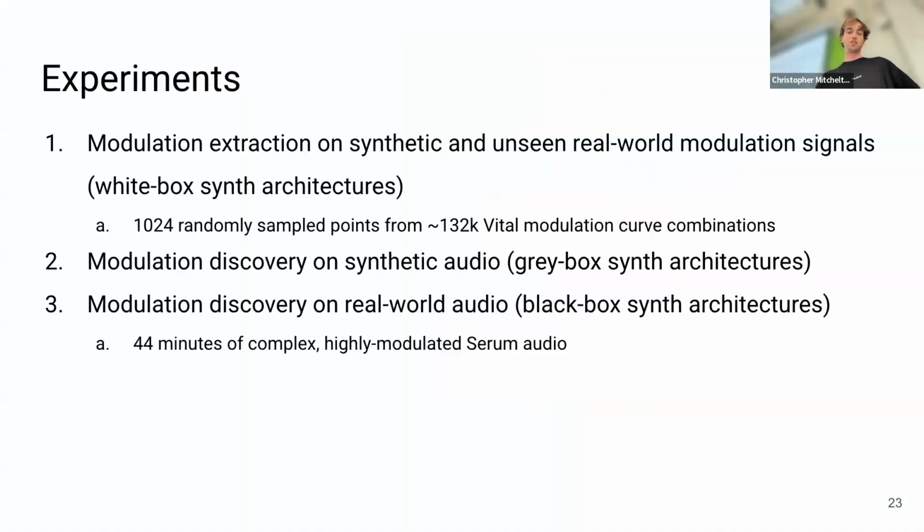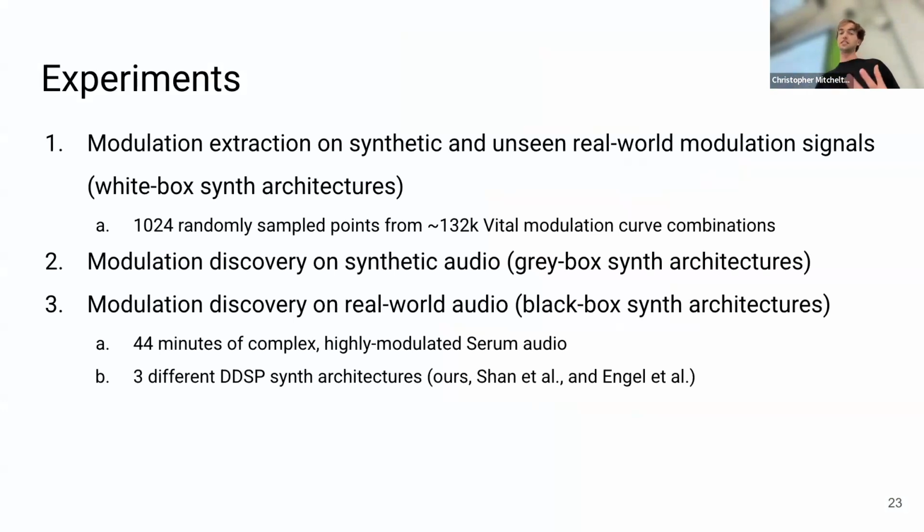So yeah, the experiments, just really quickly: we did modulation extraction. Can the system extract modulations when we know the ground truth on a white box synth architecture? I evaluated this on unseen Vital modulation curves. Then we did gray box synths, where it's synthetic audio, just to see the proof of concept. And then the ultimate was highly modulated complex audio from Serum, uncovering the underlying modulation signals in there when we don't know what the ground truth is.